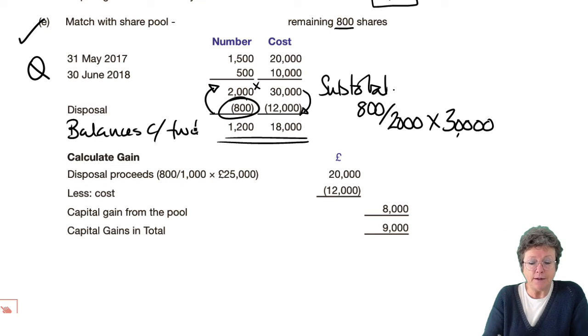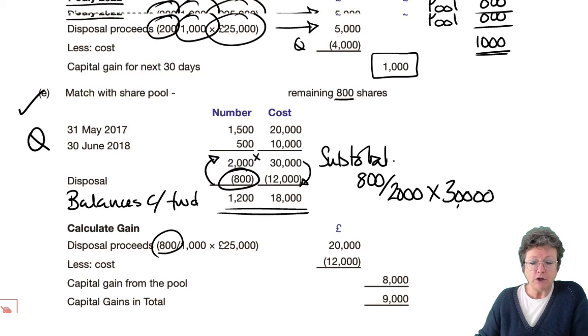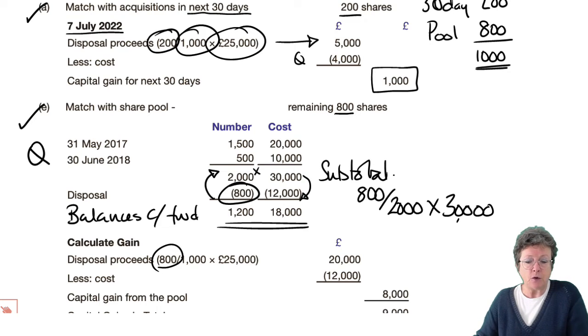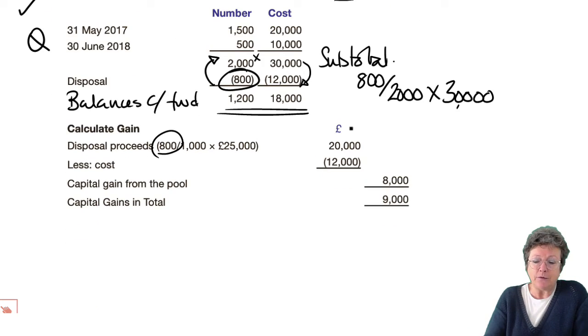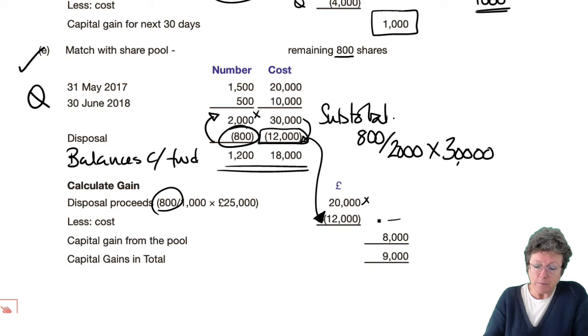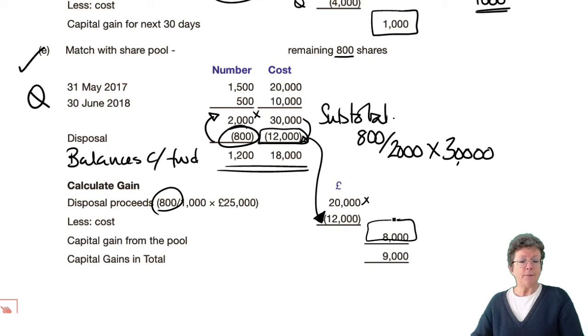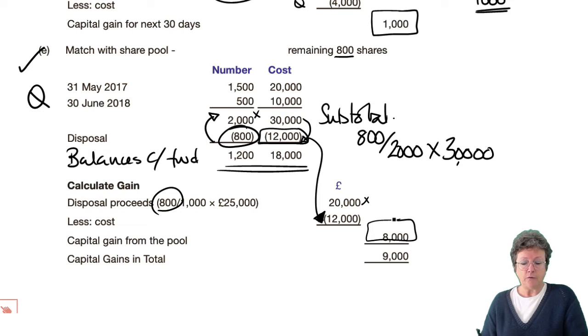So the proceeds are the 800 out of 1,000, the balance of the original proceeds. We've got 5,000 in the top there, and we're putting 20,000 in here. This figure is the disposal cost, the original cost, giving us a gain. If we add the two gains together, we get capital gains in total of 9,000.